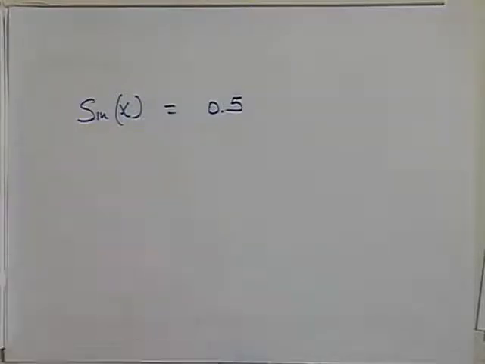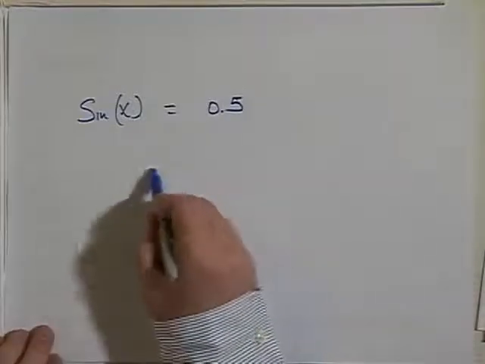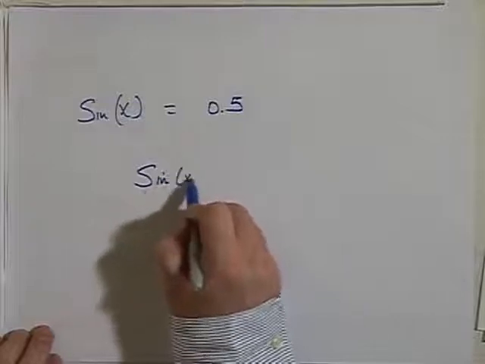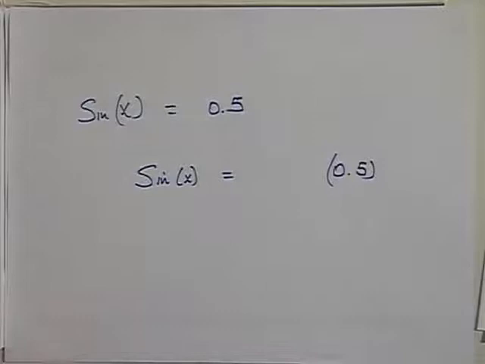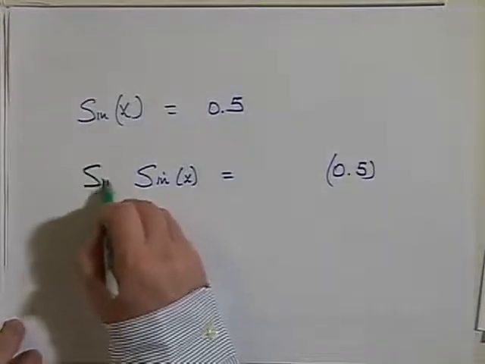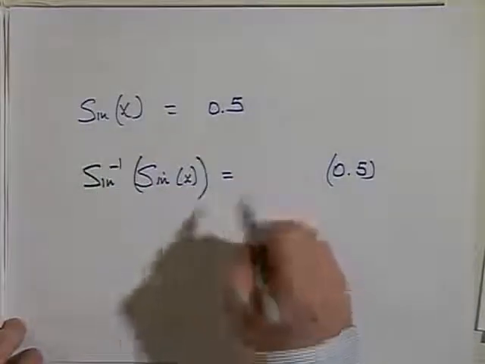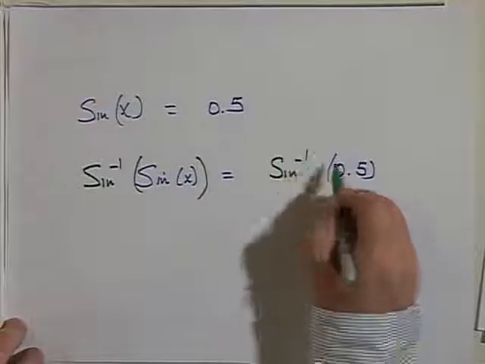What's the twin of sine? What's its partner? Inverse sine. Okay? So if you were to say sine x is equal to 0.5, you could take the inverse sine of this side and the inverse sine of this side.